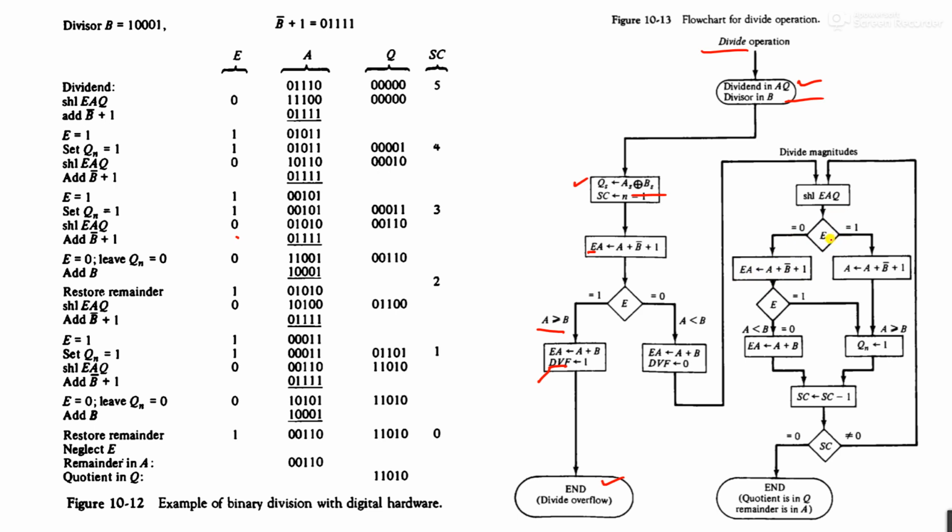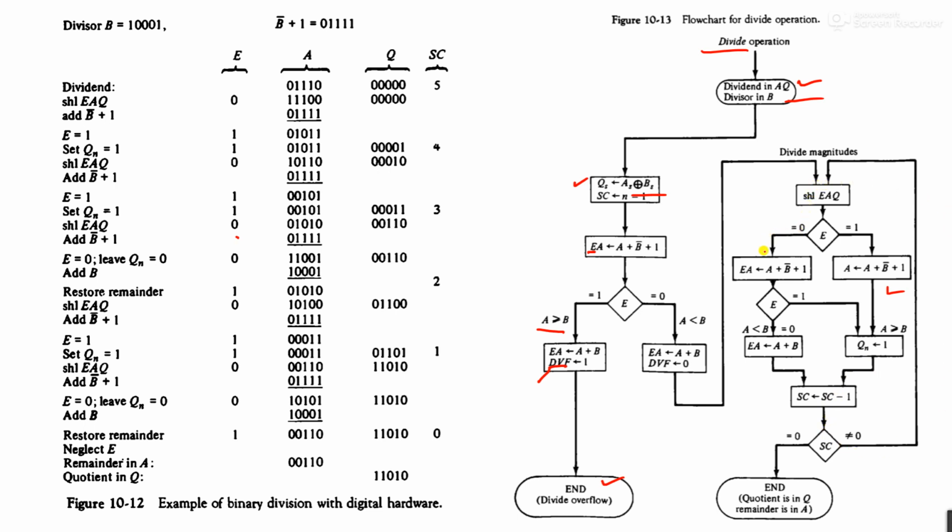If my E is equal to 1, then I will just do the subtraction in A, and then I will put Qn to 1, because in this case my division is possible. Then I will decrement the sequence counter. If it is not 0, then I will go up.